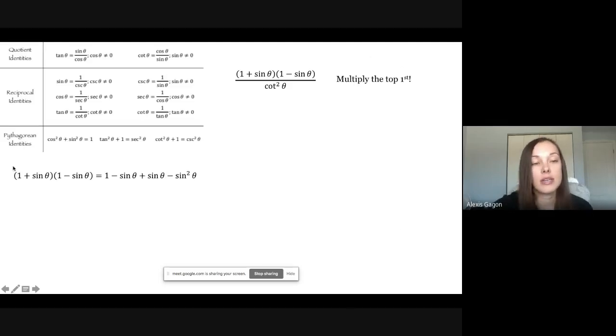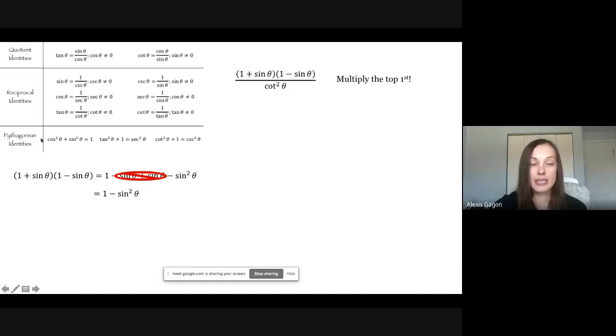I just FOILed this: 1 times 1 is 1. 1 times negative sine of theta is negative sine of theta. Sine of theta times 1 is positive sine of theta. And sine of theta times negative sine of theta is negative sine squared. These two are going to cancel because we have the positive and the negative. So we're left with 1 minus sine squared of theta.